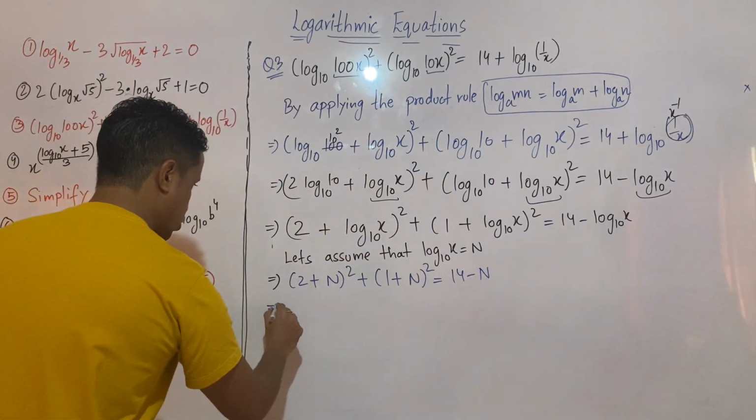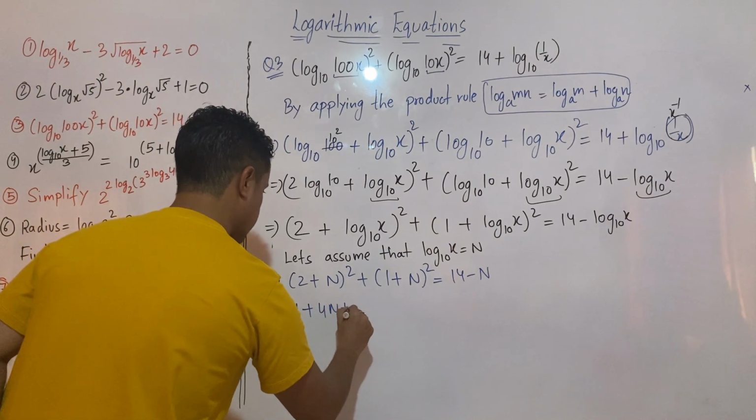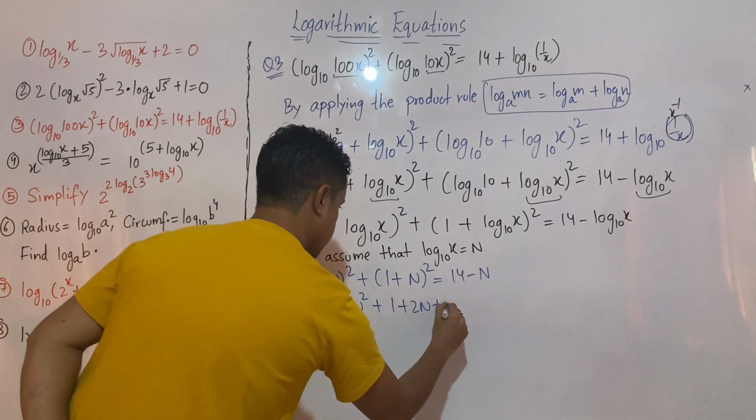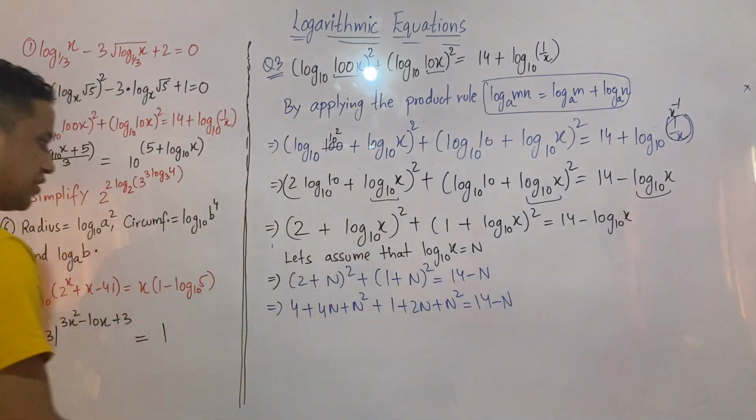Okay, so it's going to be 4 plus 4n plus n square plus 1 plus 2n plus n square is equal to 14 minus n, right?